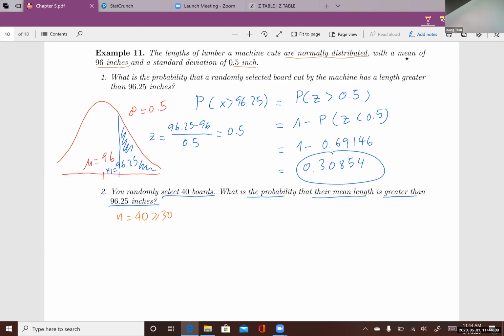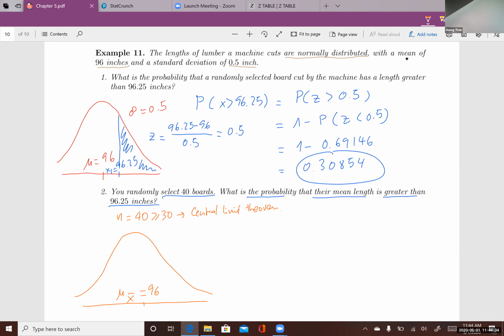So then you can use the central limit theorem, right? The central limit theorem says the sampling distribution of the sample means is going to be normal, and the mean of the sampling distribution is the same as the mean of the population.